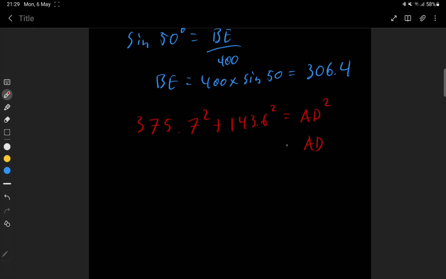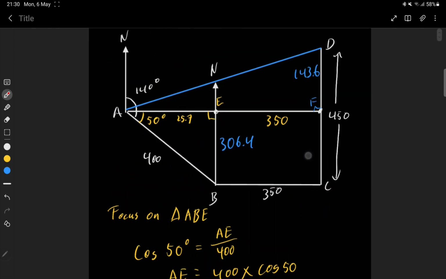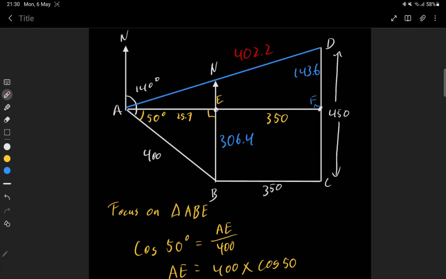So AD equals the square root of this whole thing. Let's do that one on the calculator. 375.7 squared plus 143.6 squared. That is 402.2. There you go. Okay, so that's how you find part B.